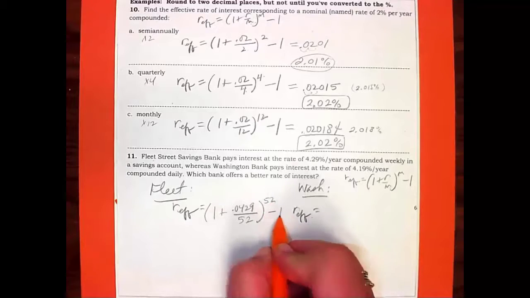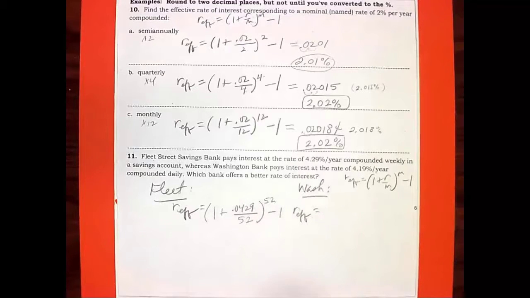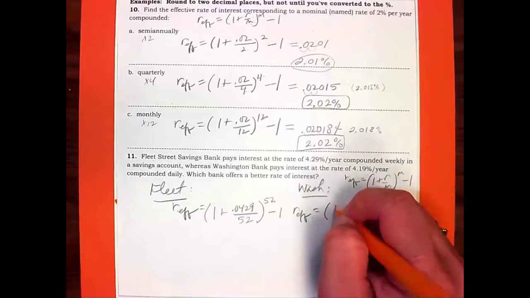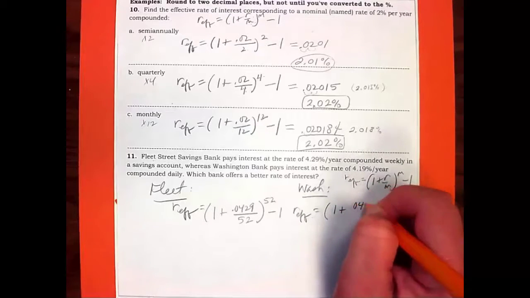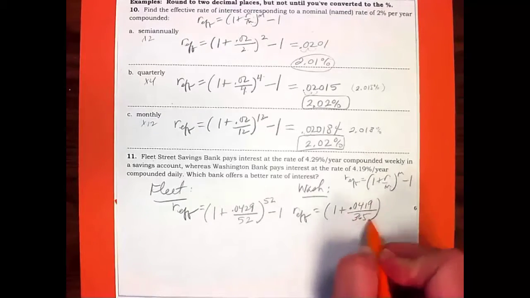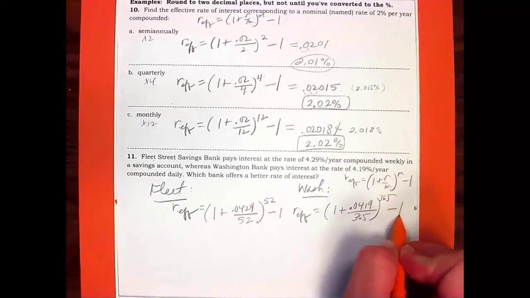And then for Washington Bank, they're 4.19%, and they are compounded daily. So let's see what happens with these two.